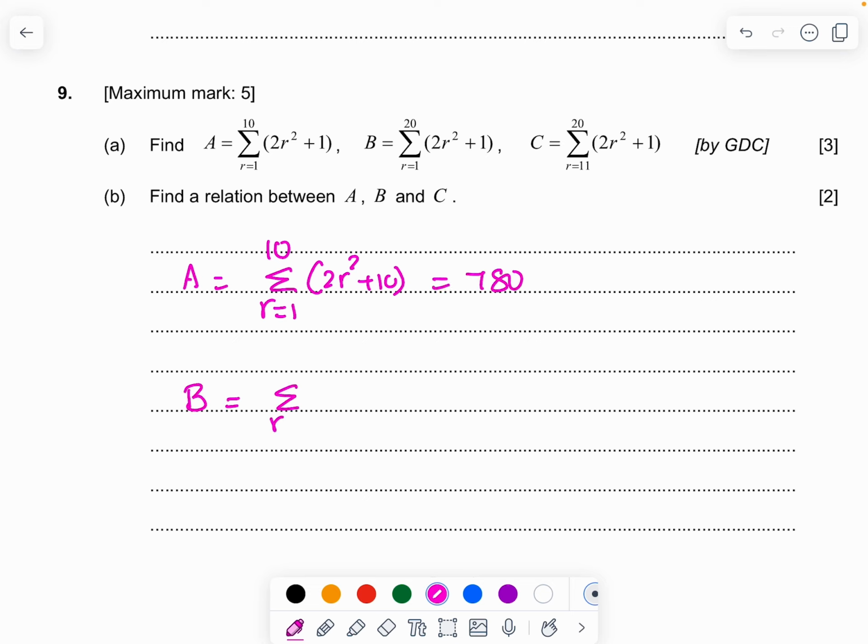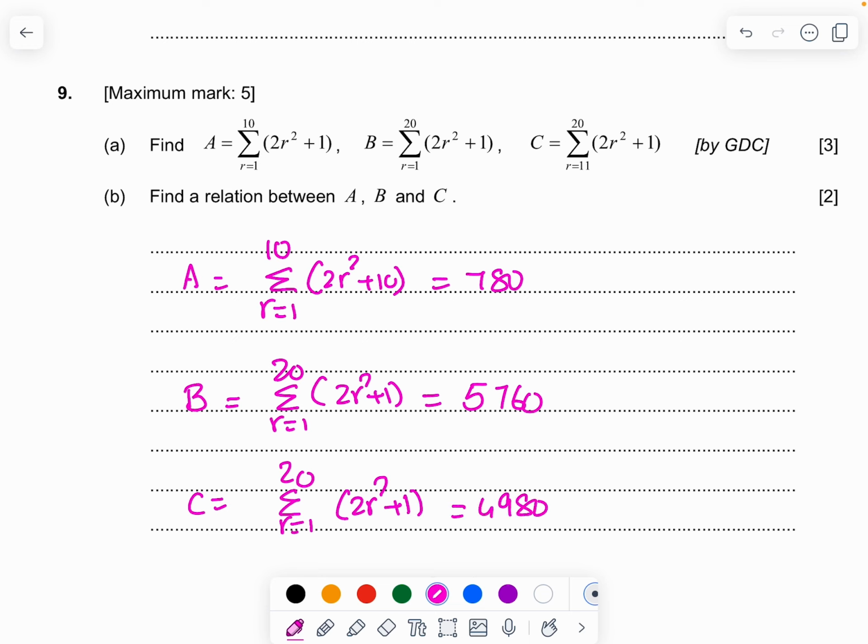Similarly, using the graphing calculator, B is 5760. And C, r equals 1 to 20, use the graphing calculator, and you should be getting 4980. So what is the relation between A, B and C? You can see that when I add these two, I am getting this one. So A plus C equals B.